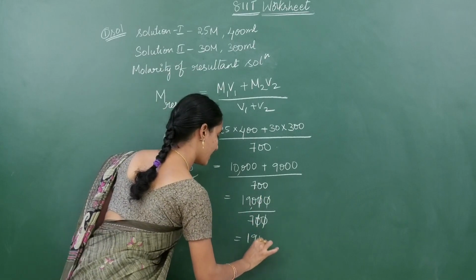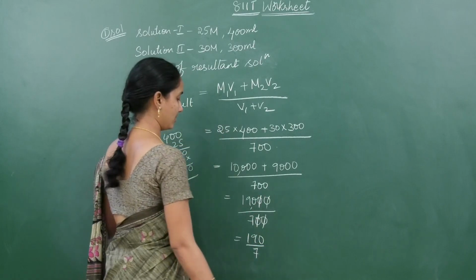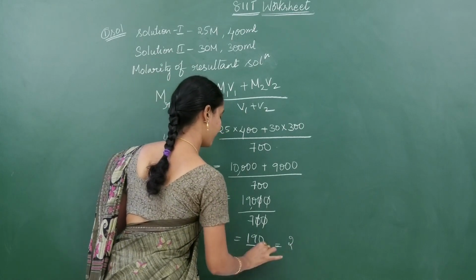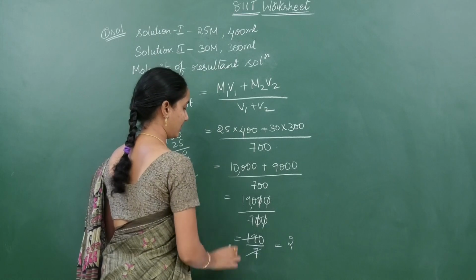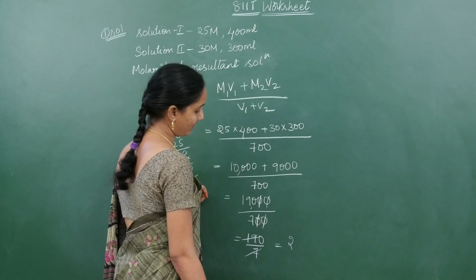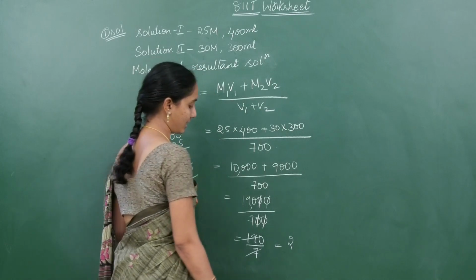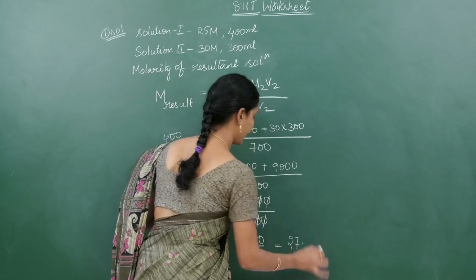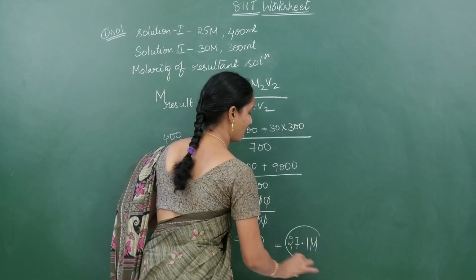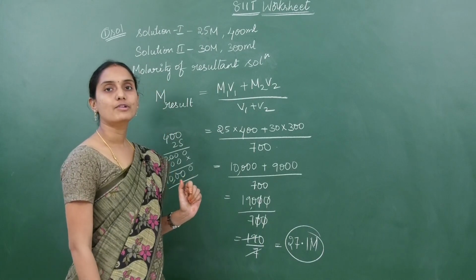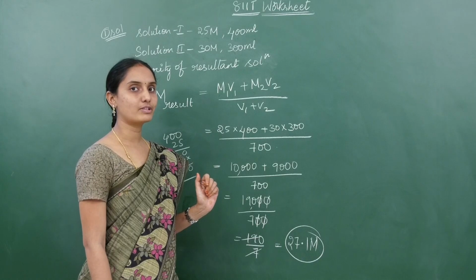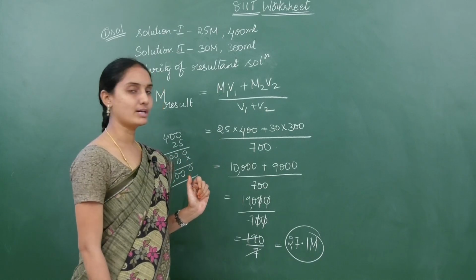So 190 upon 7. So how many times will you get? 2 sevens are 14. So if you remove 14 from 19, how much will be left, children? 5 will be left, and in 50, 7 sevens are 49. 1 will be left. So 27.1 molar is the answer, which was the molarity of the resultant solution, children. So the answer for the first question is 27.1 molar.